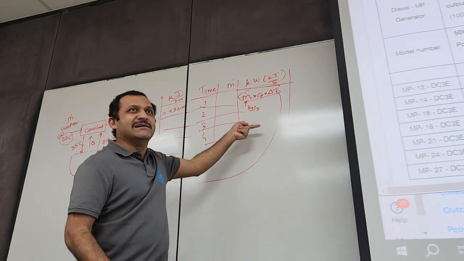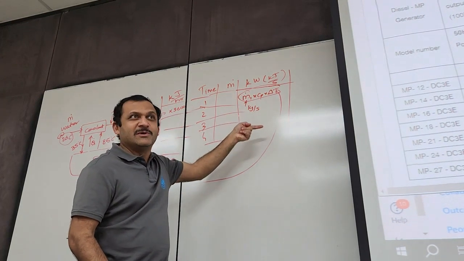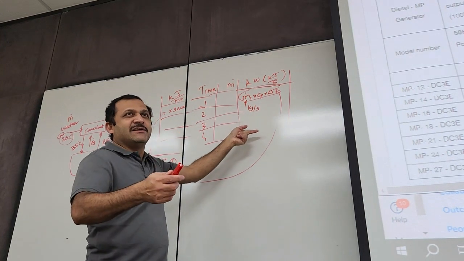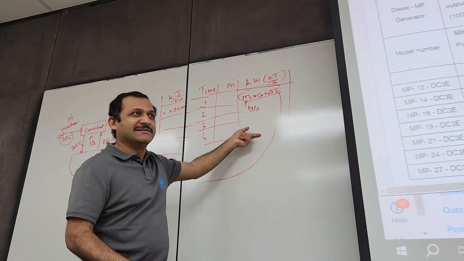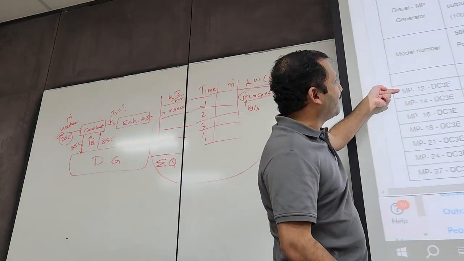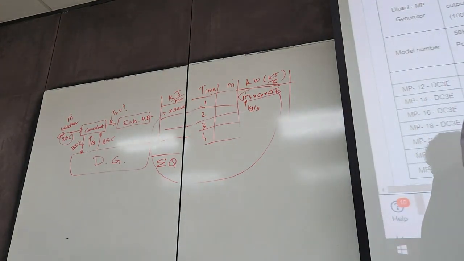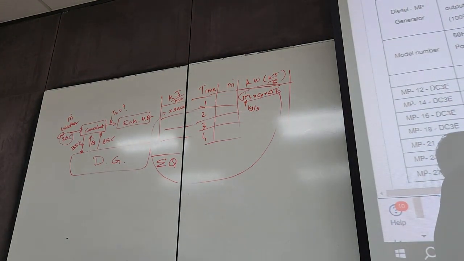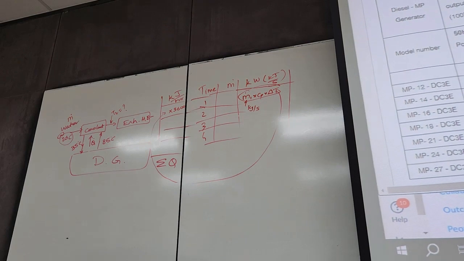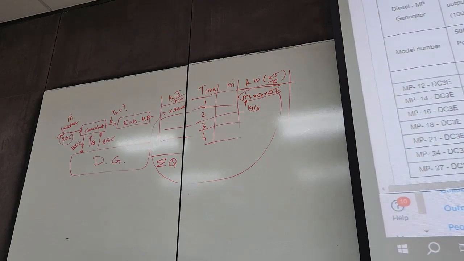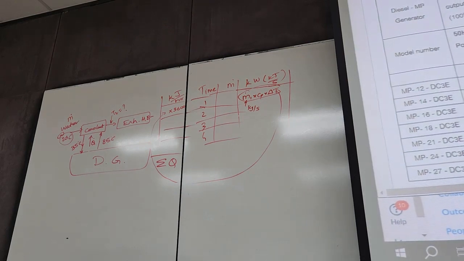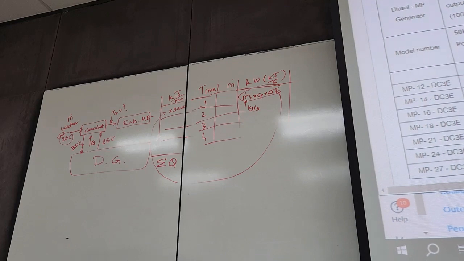What is the peak? You look at the peak, let's say it says 20 kilowatts is the peak. So will the first generator be enough? That's 13.6, and plus there will be some heat lost in the exhaust, which is not given directly in kilowatts, we have to convert it into kilowatts.